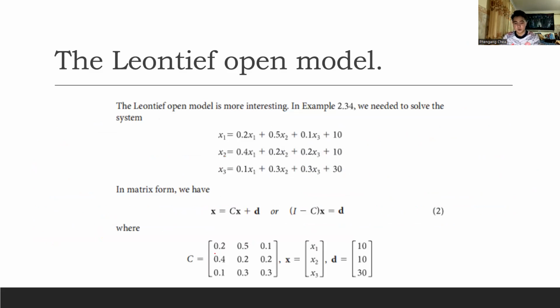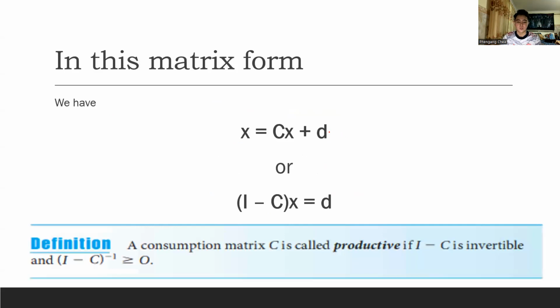And here is the sample, and here's the demand. In order to compute this, we want I minus C, and then I minus C must be invertible. If it's not invertible, it means that the consumption is not productive.